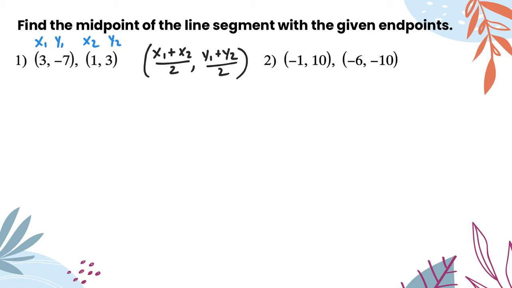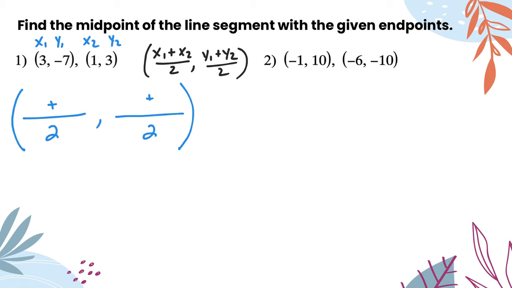So I can't say that 3 is x1 and negative 7 is y2. From that coordinate, both of them have to be 1s or 2s. Then I'm going to plug in my numbers, and my formula will always look like this. So I can always write that part down, and then I can fill in the blanks.